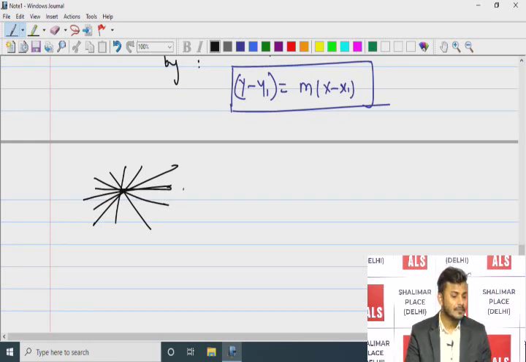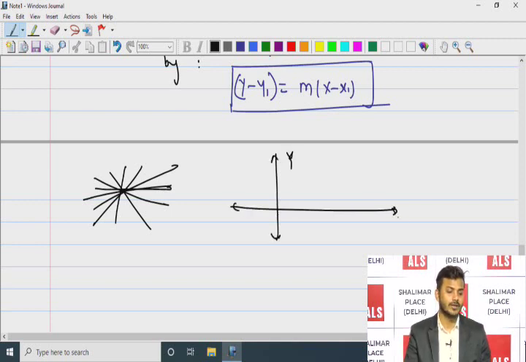Now if you consider one slope, let me take 45 degrees. This is your xy coordinate system, this is y, this is x. So my question is, how many lines can you plot with a slope of 45 degrees, or an angle of 45 with the x-axis?